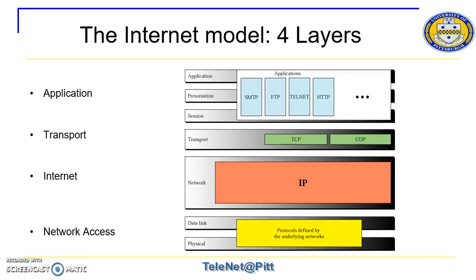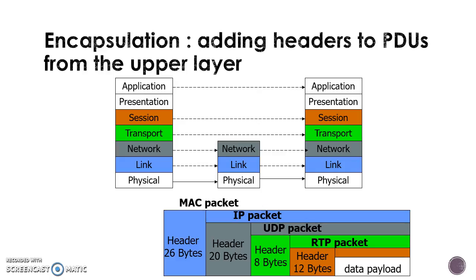Each layer in the OSI Internet model adds a header containing structured information to the data received from the previous layer. This process of adding headers to data units obtained from the upper layer is called encapsulation. For example, look at how headers are appended to a typical voice over IP application in the figure.